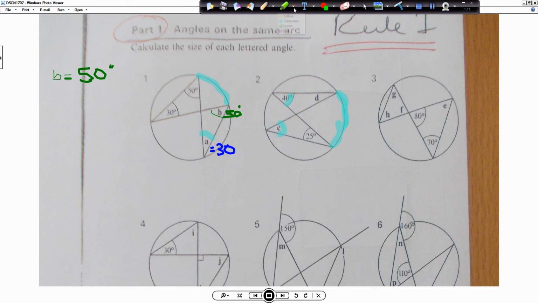If I look at a different arc here, I have another arc over here. Based on this arc, which angles will be the same? This one and that one. So we can quite easily and quickly start filling in the numbers. That's 40, so C will also be 40. This one's 25, so this one will also be 25.